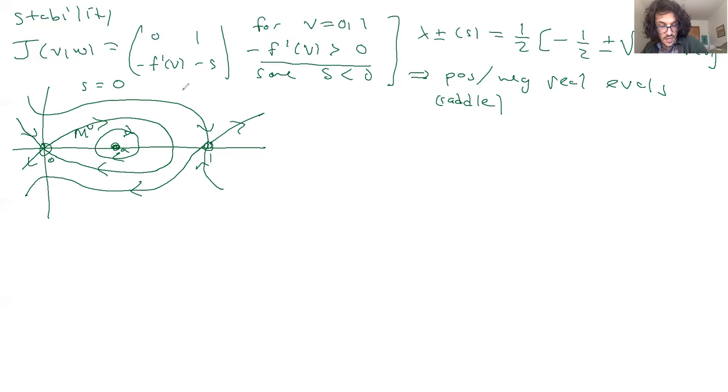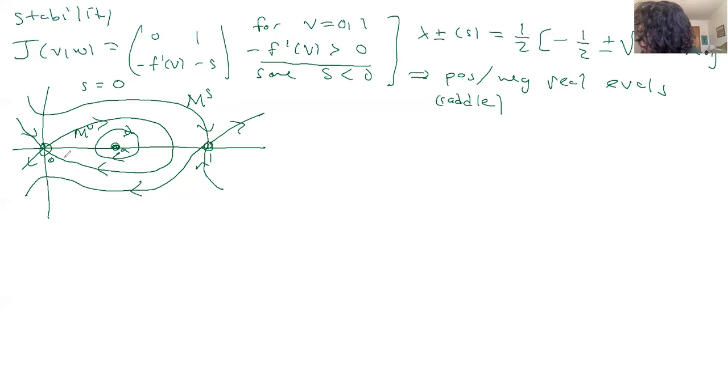And then we're going to have another manifold that's called MS that is going to approach this saddle up here, okay? So this manifold approaches this saddle point.